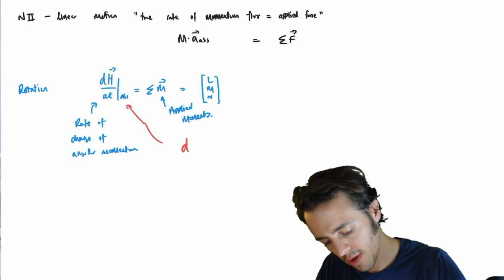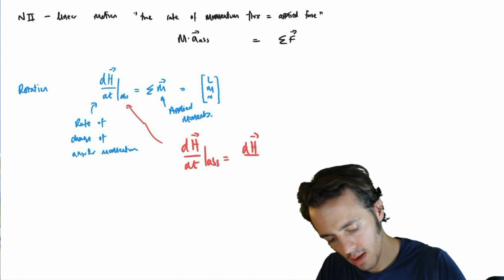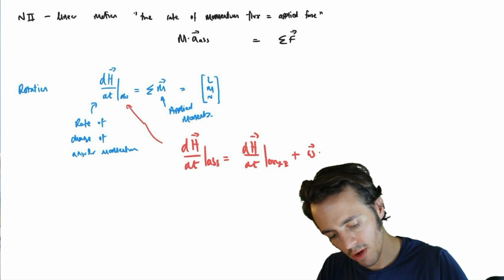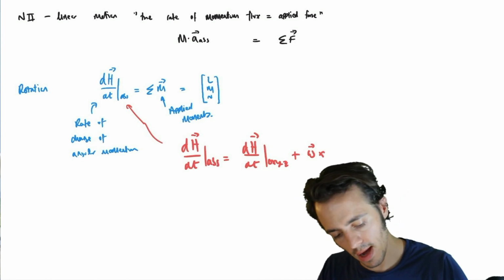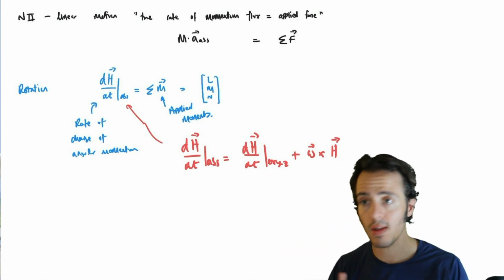So we're going to end up saying dH on dt abs is equal to dH on dt oxyz plus the cross product of the angular rotation vector multiplied by h. So we need to figure out whatever this h term is.